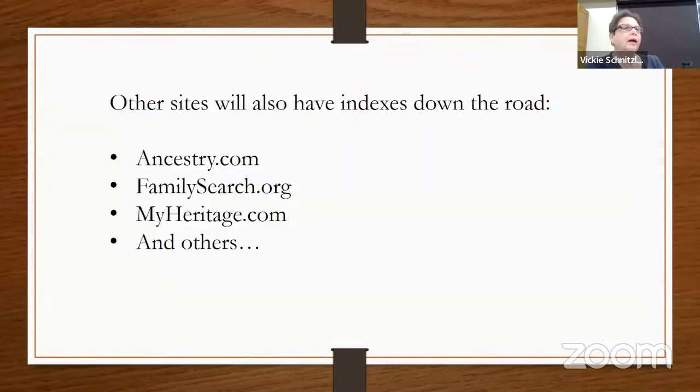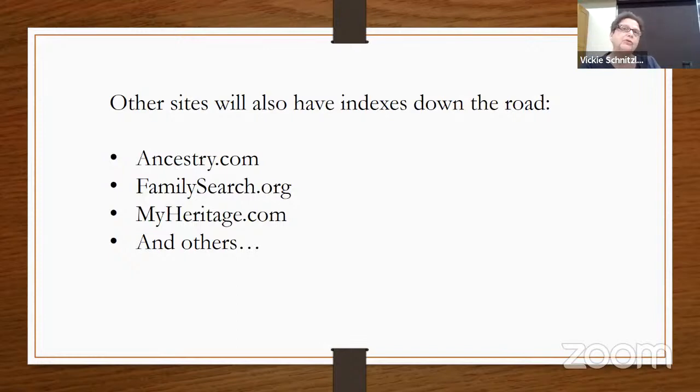Okay. We briefly touched on earlier how some of these other sites like Ancestry, Family Search, MyHeritage, all these different things, they're all going to be having the 1950 census on them. Where they are at as far as indexing is not necessarily going to be the same.